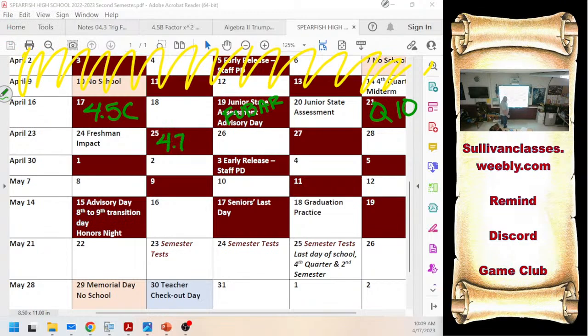So 4-7 is difference of squares. What's the other one going to be? Probably perfect square trinomials. Okay, so I'm going to call it 4-6 even though I removed stuff.